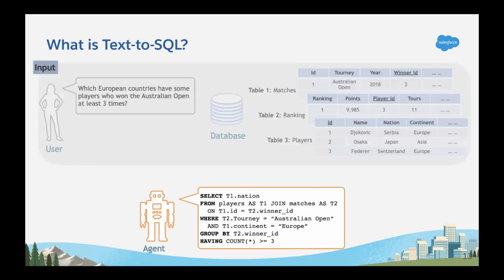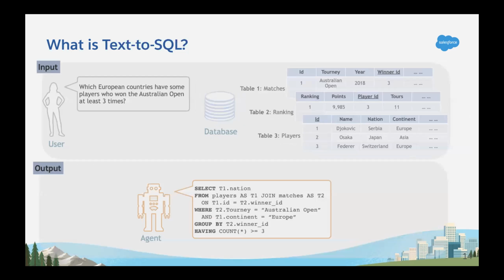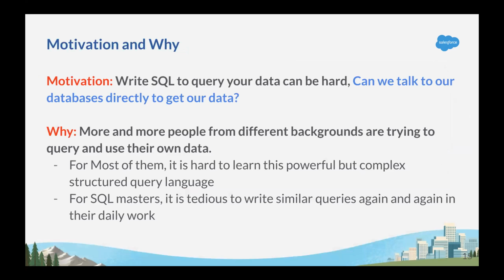For text-to-SQL, the input is the user's natural language query and the database schema, and the output is the executable SQL query. There is a big opportunity for text-to-SQL research because more and more people from different backgrounds realize the big value in their data.